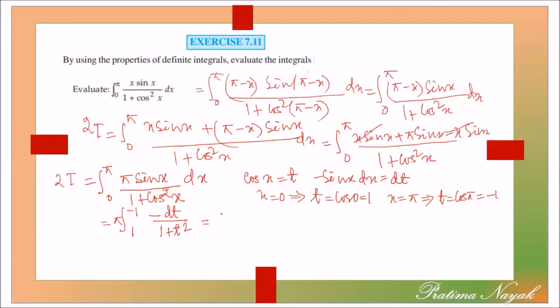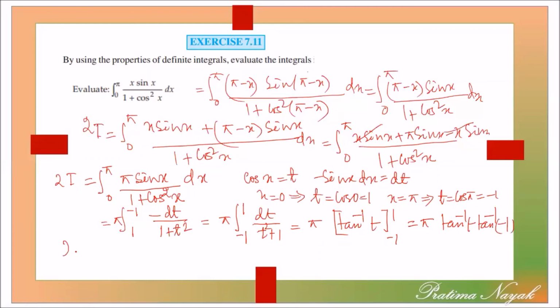So this property again I am applying to remove the negative. I can do minus pi, from minus 1 to 1, dt by 1 plus t square. What is the integral of 1 by 1 plus t square? It is tan inverse t. So tan inverse t, from where to where? It will be minus 1 to 1. So what is the answer? It will be pi times (tan inverse 1 minus tan inverse minus 1).